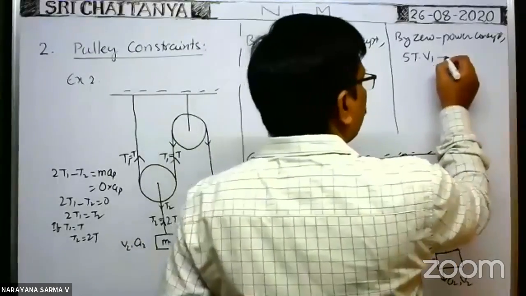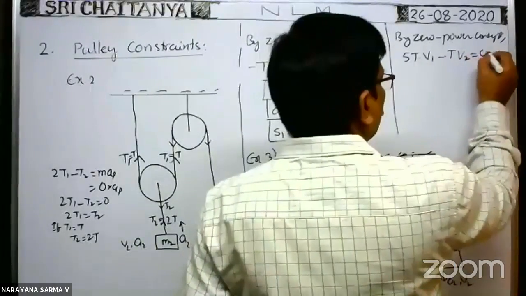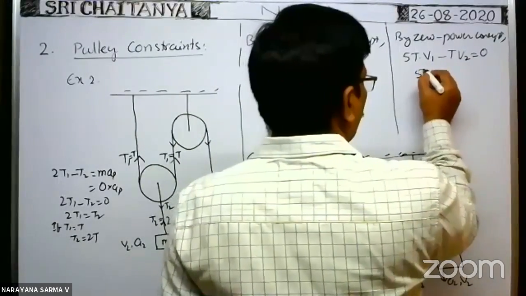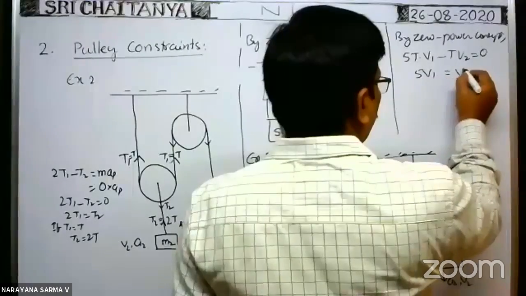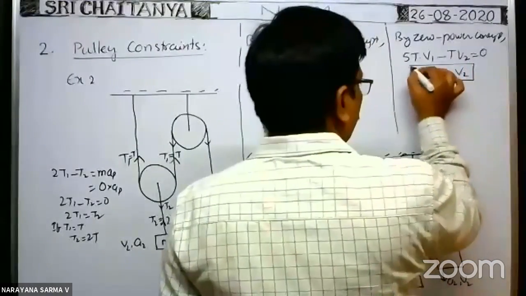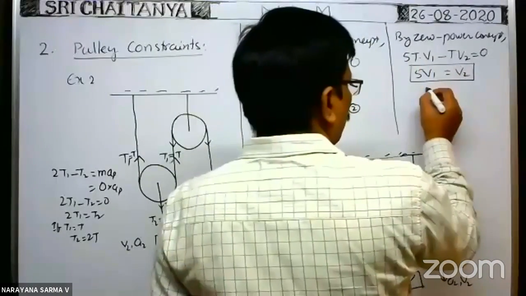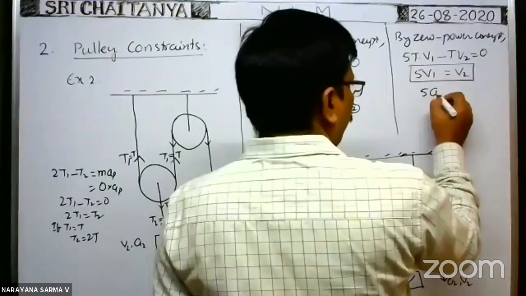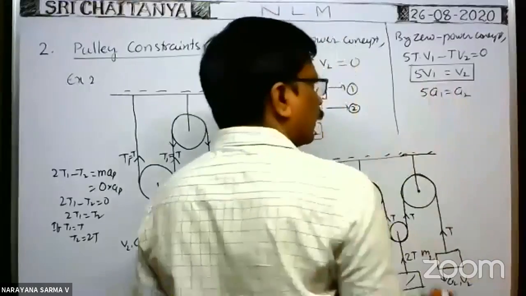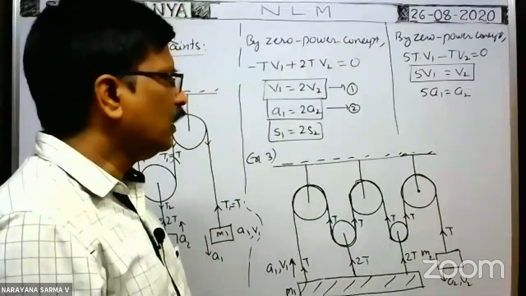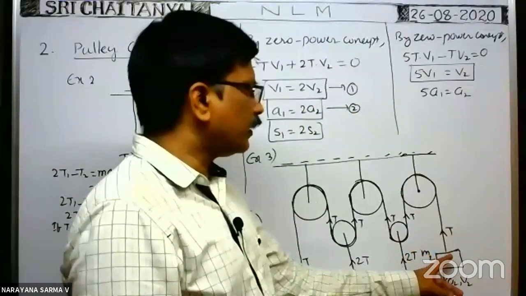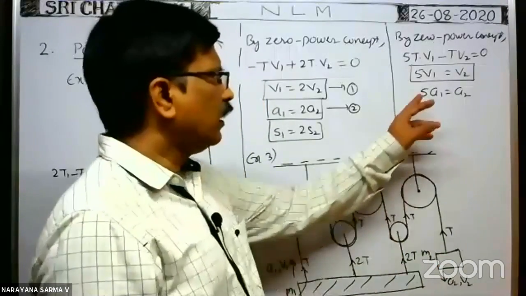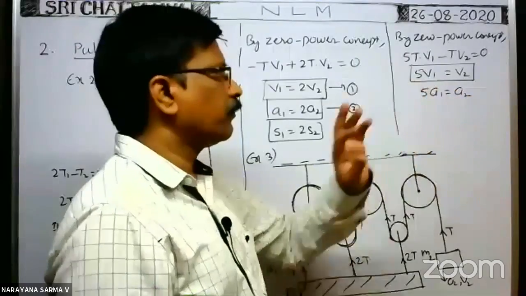That's why minus T into V2 is equal to 0. Therefore T can be cancelled. So 5V1 is equal to V2. This is one constraint relation. Or if you differentiate with respect to time, then 5A1 is equal to A2. Suppose the acceleration of this block is A2, then the acceleration of this plank is A1 is equal to A2 by 5.